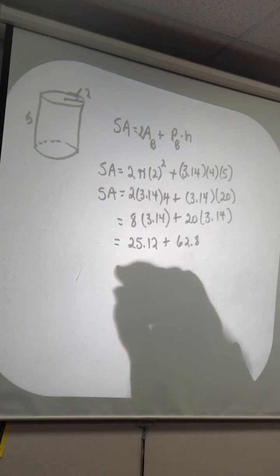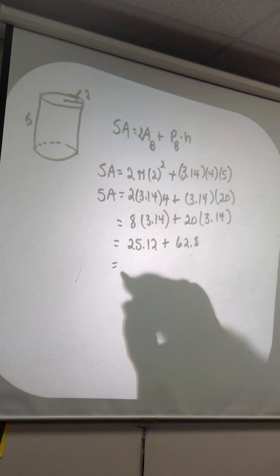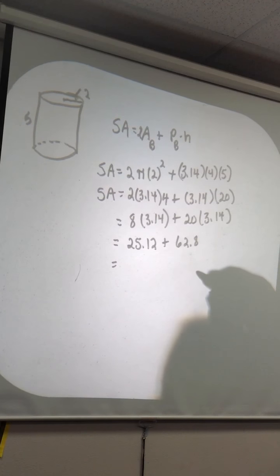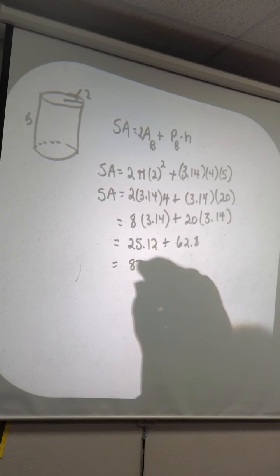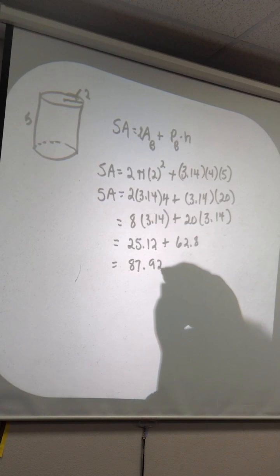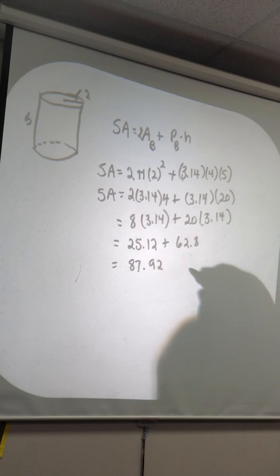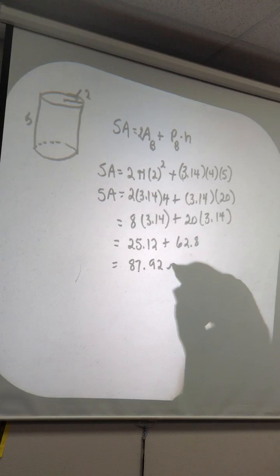So what is the surface area of that can or that cylinder? What is it, Gabe? 87.92, and it would be units squared. Whatever the units are that they give, it would be squared.